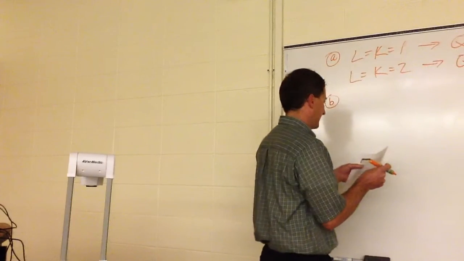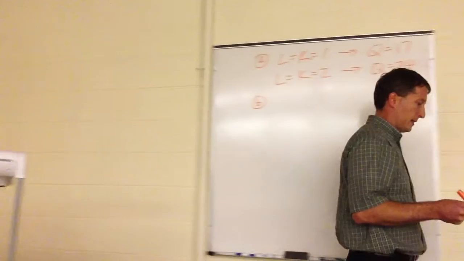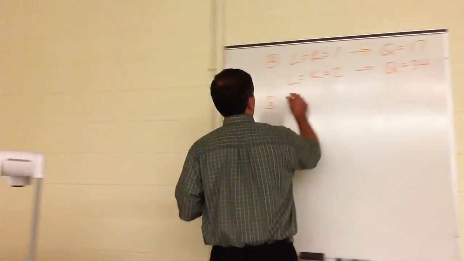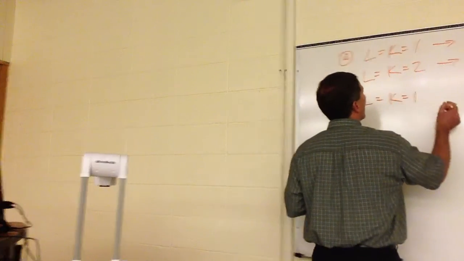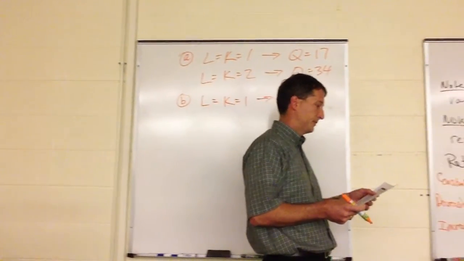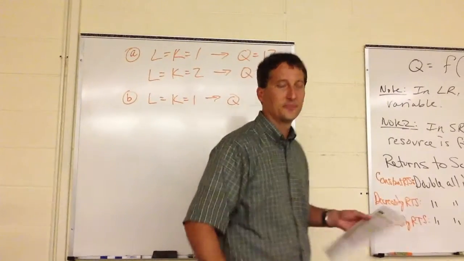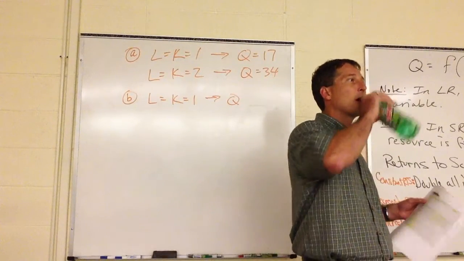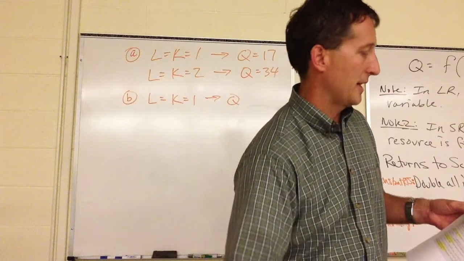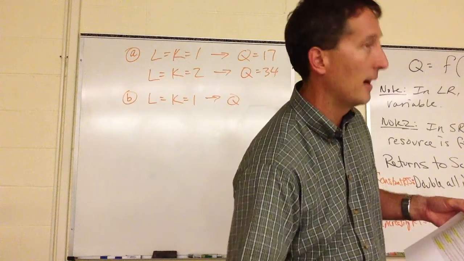What about B? The production function's a little goofy here. It's one of those min functions. Again, let L equal K equal 1. What does output equal? Who's comfortable with that production function? Quantity equals the min of 3K or 4L.